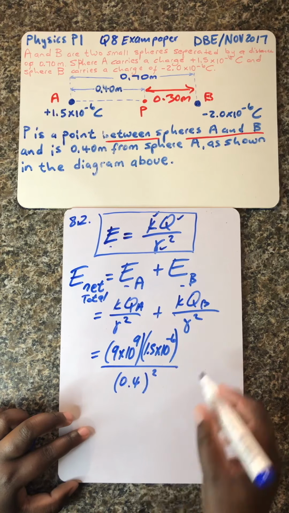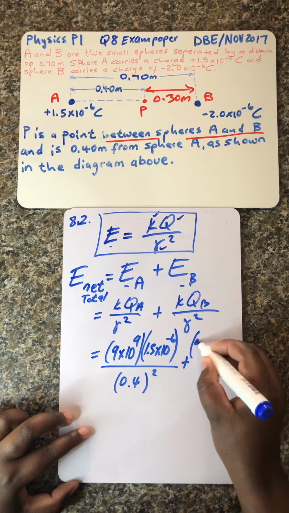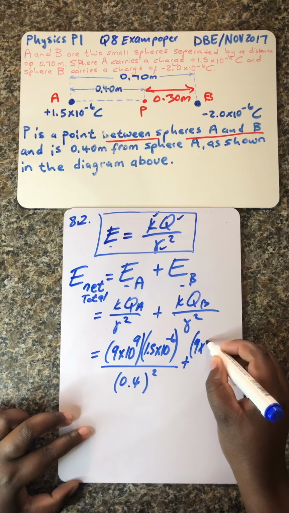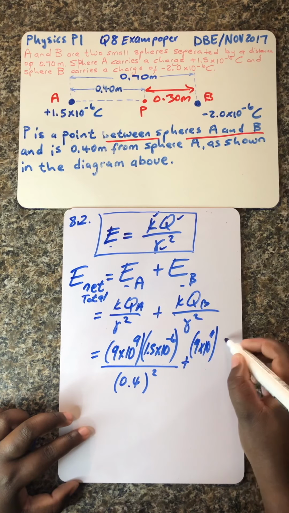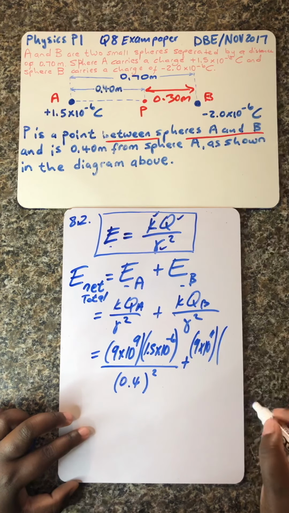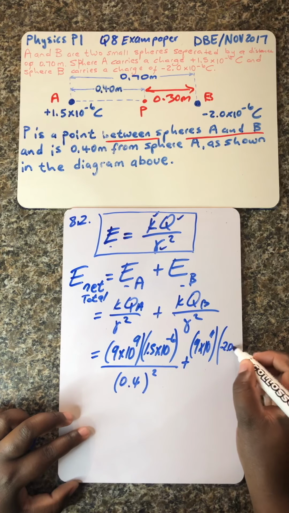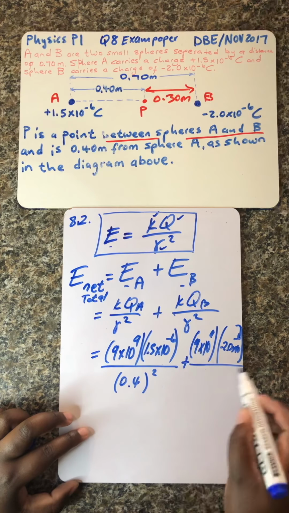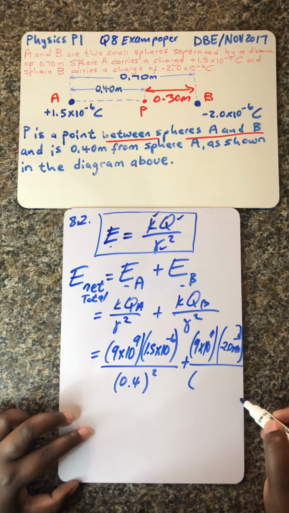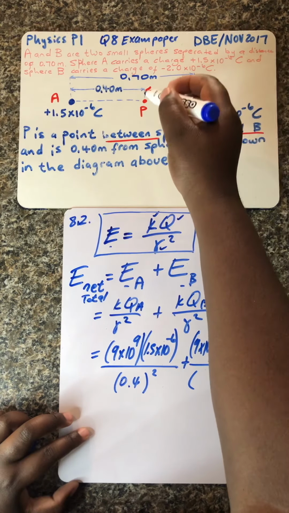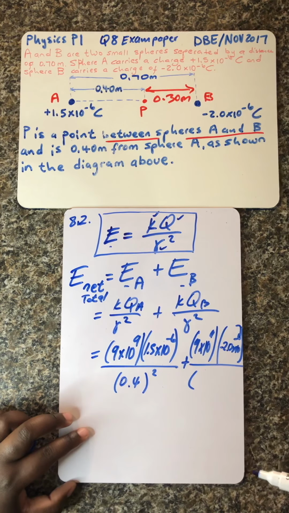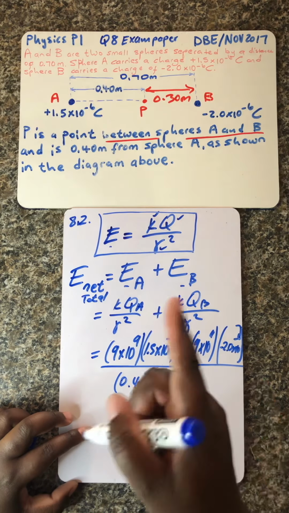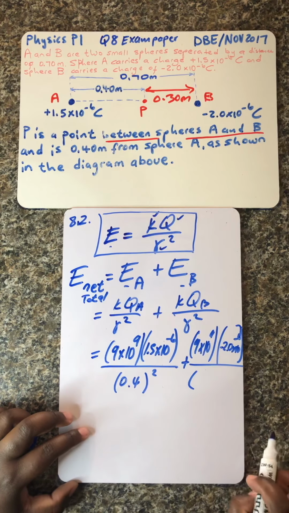So it's 0.4 squared, plus, you do the same, K, it's 9 × 10^9. And then what is the charge of B? It's -2.0 × 10^-6, all over, what is the distance from B to P? So do you now notice that it was very important that at first we analyze that statement or that given diagram and fill in all the missing information?